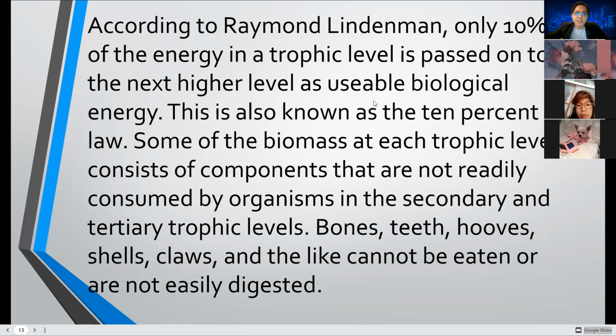So the 10% is the only energy that can be passed on. Why? Because the organism uses 90% of it for its biological functions, number one, metabolic processes, number two, and cellular respiration, number three.